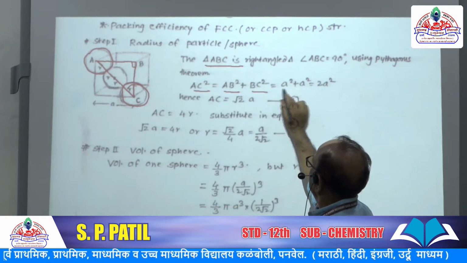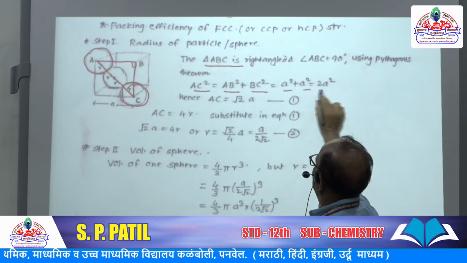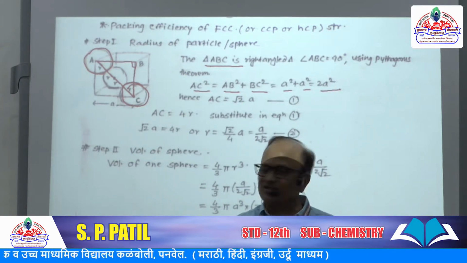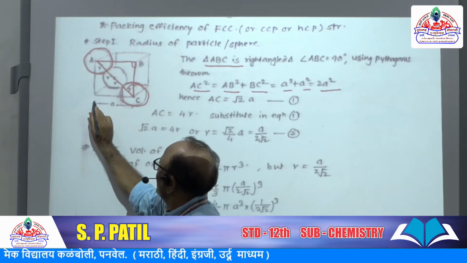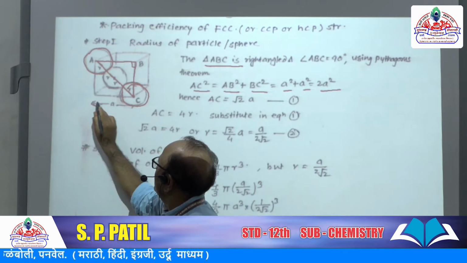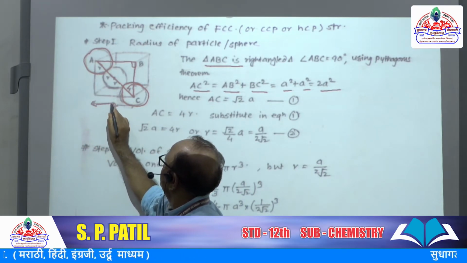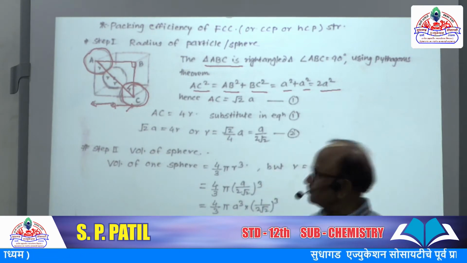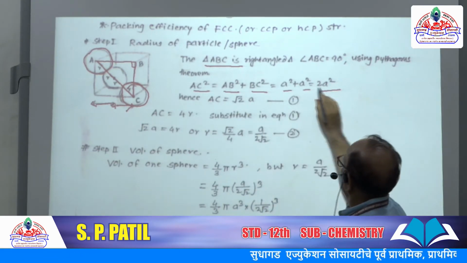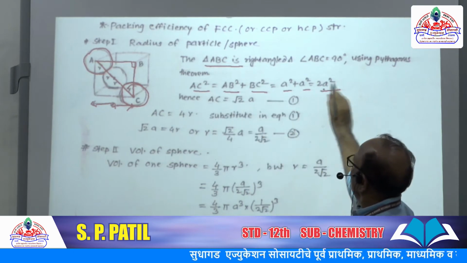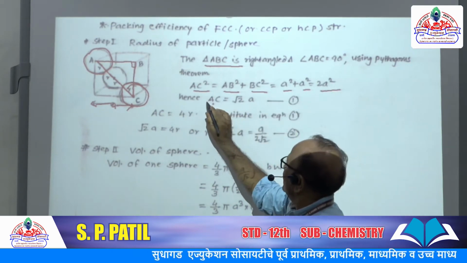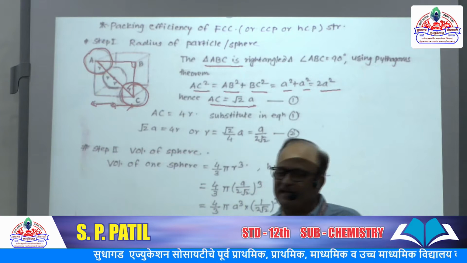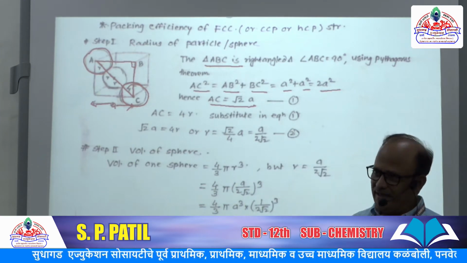So it gives a square plus a square, which is equal to twice a square, because the side of the cube is a. So AC square is equal to 2a square. Taking square root, we get AC is equal to root 2 a.